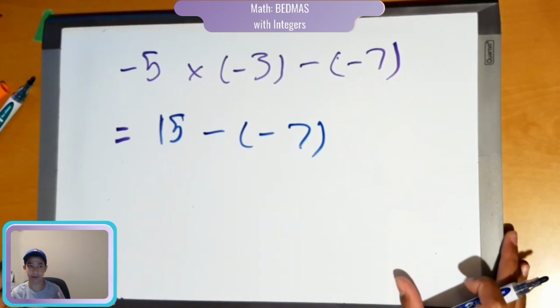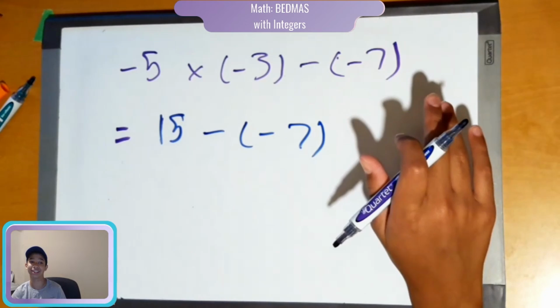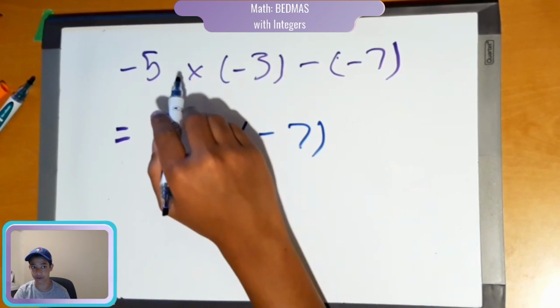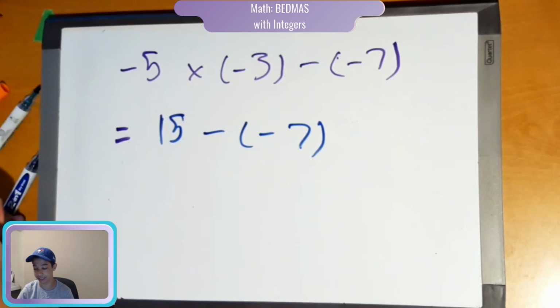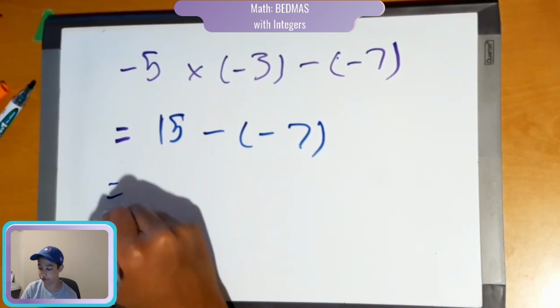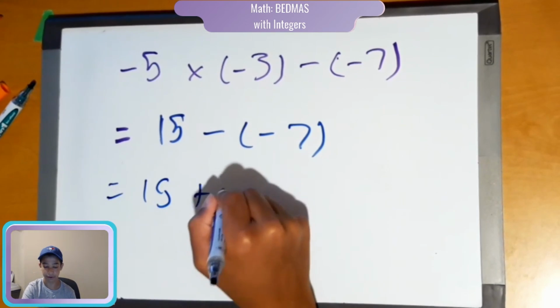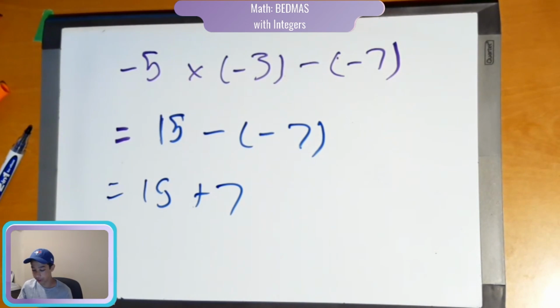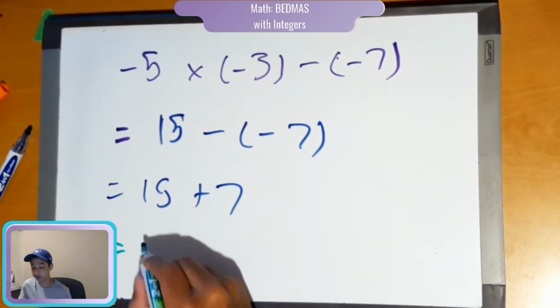This one was a lot like one of the equations we did in the last video, except it includes multiplication and subtraction. 15 minus -7, we know, is basically just saying 15 plus 7 from our addition and subtraction video. And now 15 plus 7 is 22.